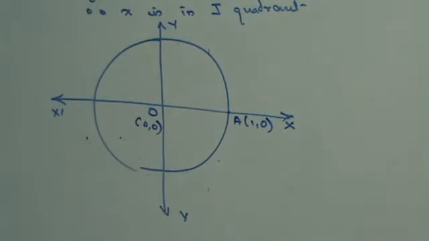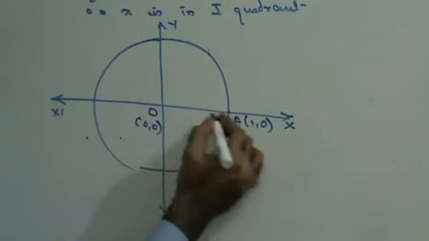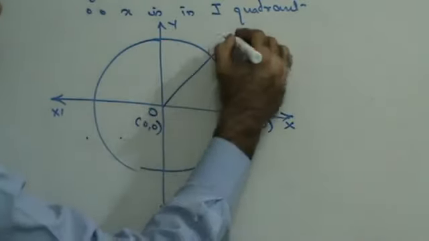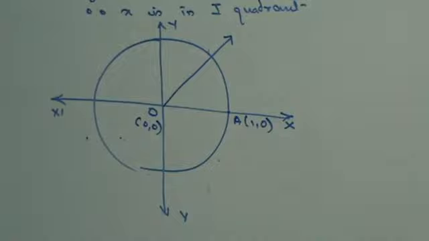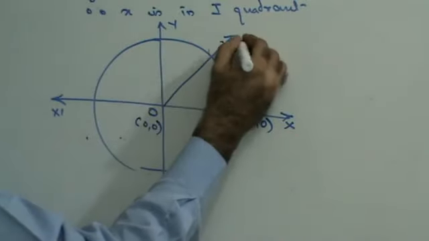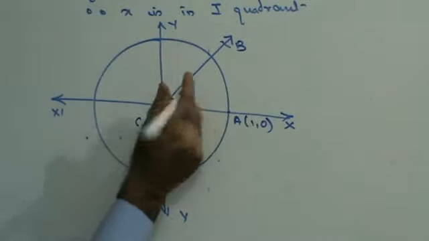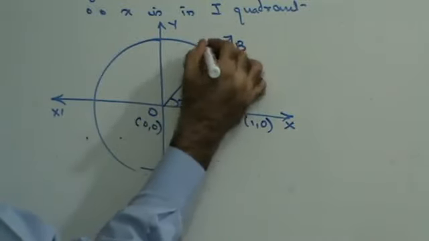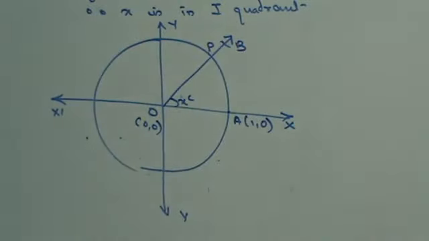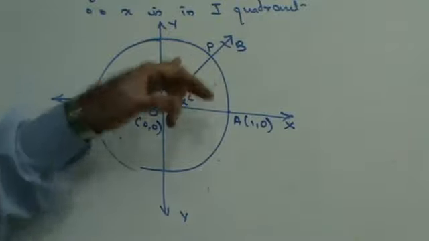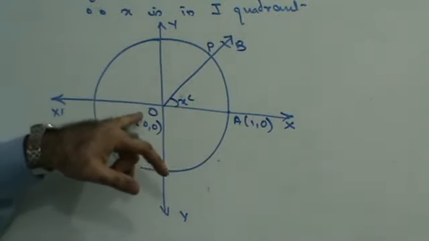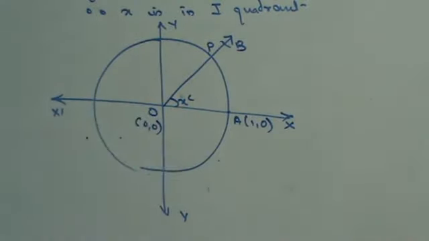Right? Now, let us assume that angle AOB is x radians, and P is the point of intersection between ray OB and the circle.